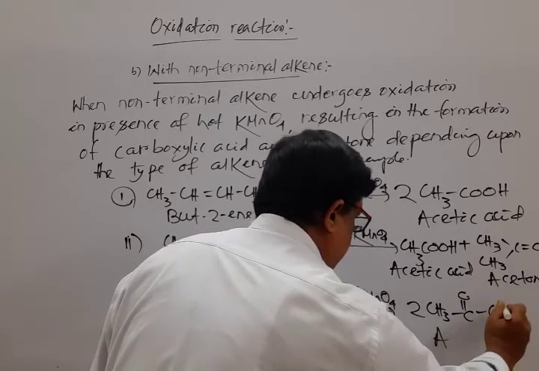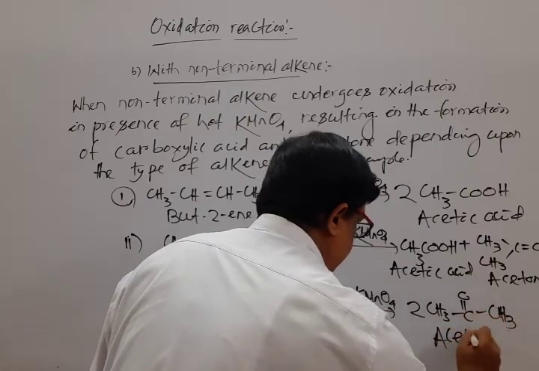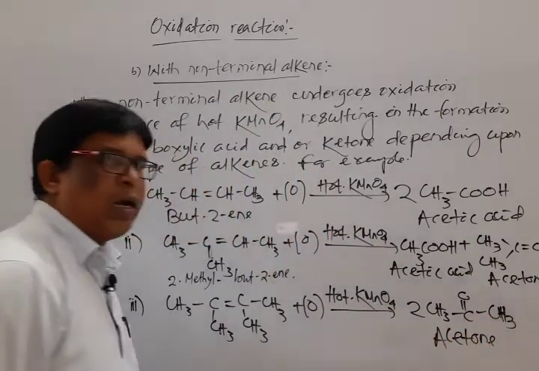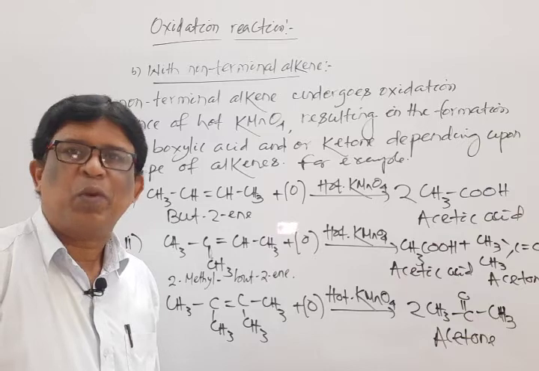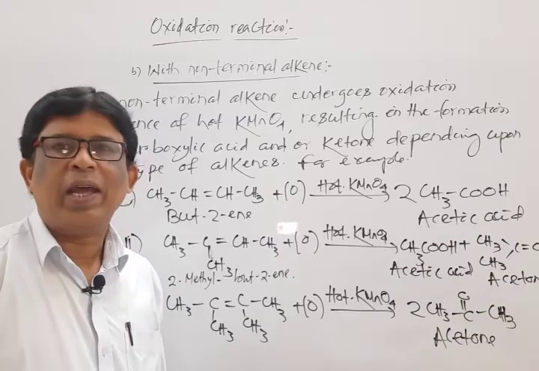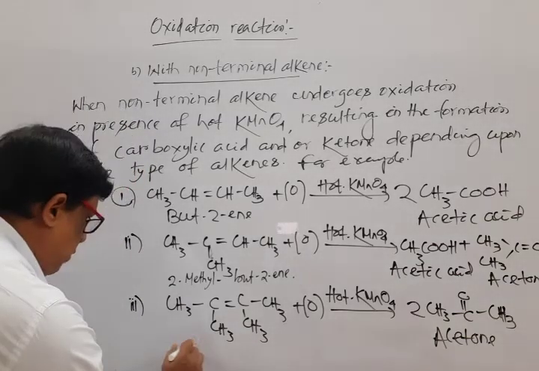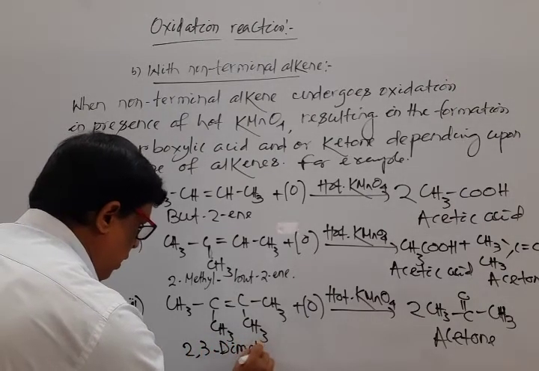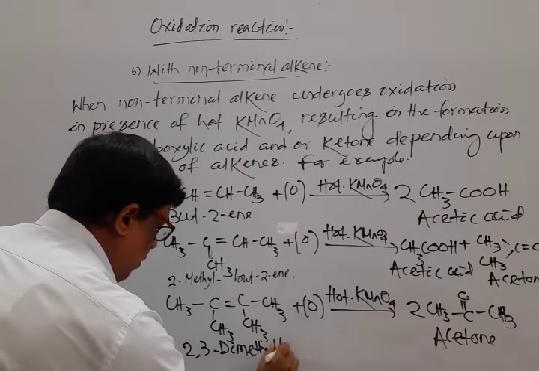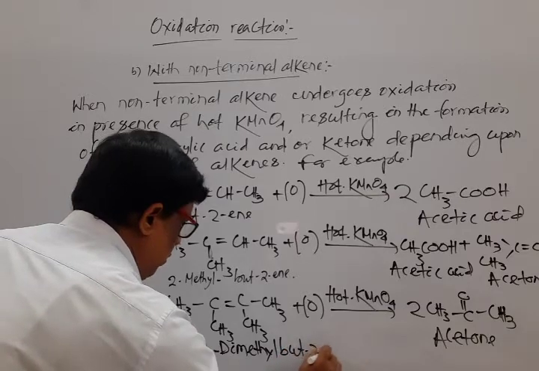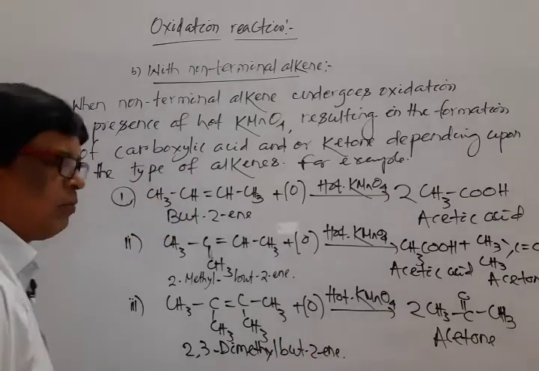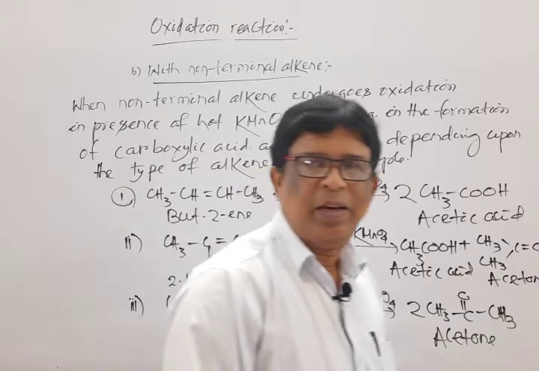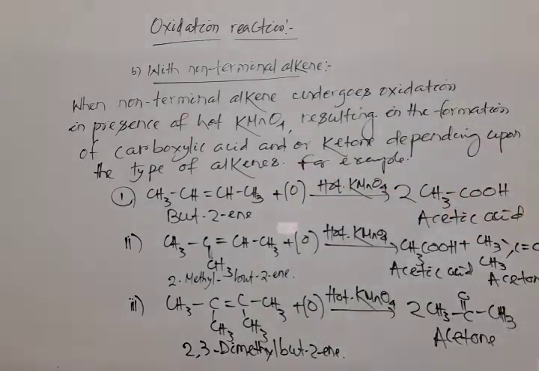Its common name is acetone, or IUPAC name is propanone, propan-2-one, and the alkene's name is 2,3-dimethylbut-2-ene. Okay, it is our little bit idea about the oxidation in presence of KMnO4.